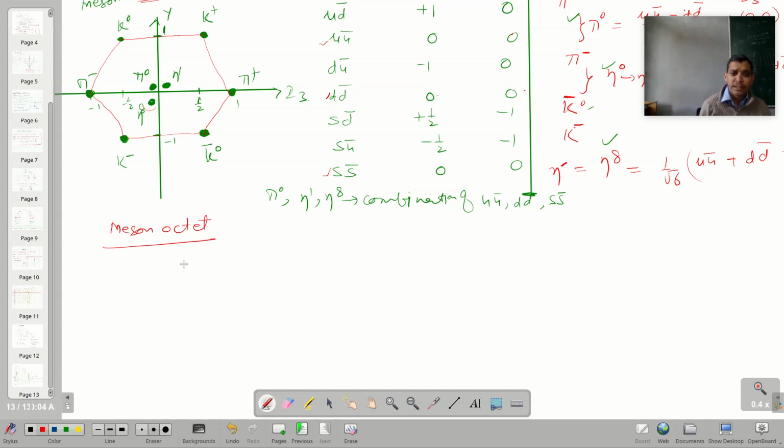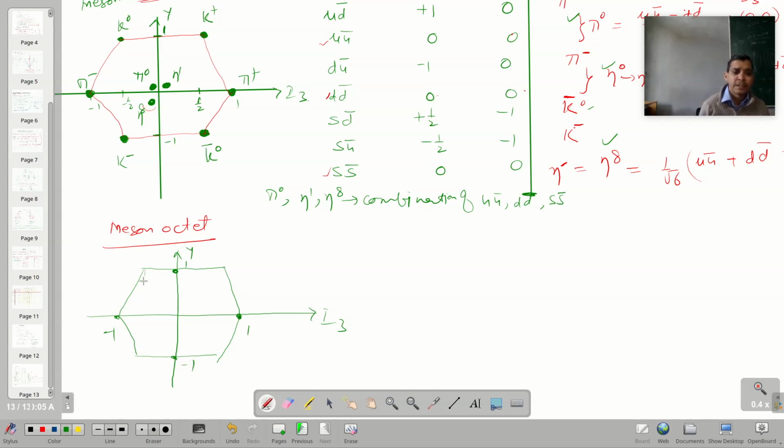Let me draw it again. So it was like this. It is Y and it is I3, and its value will be 1, its value will be -1, and its value will be 1, and its value will be -1, right?